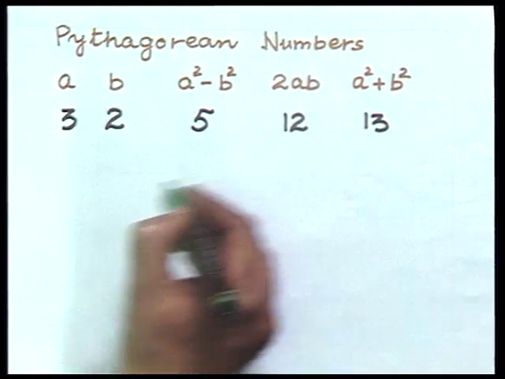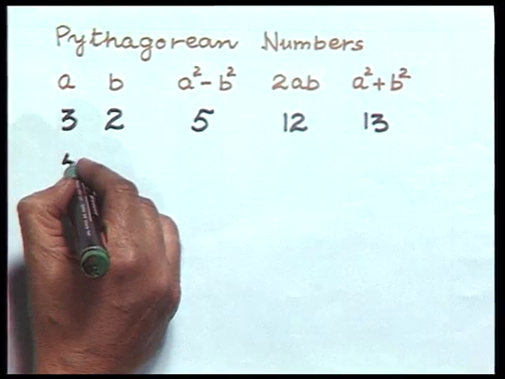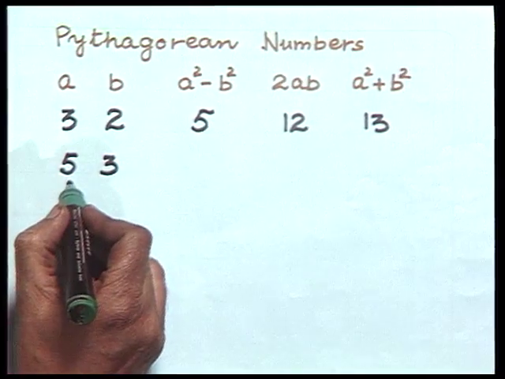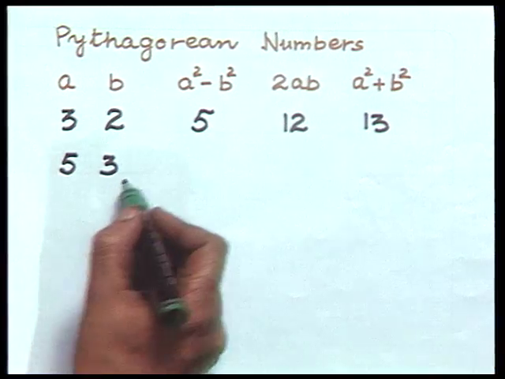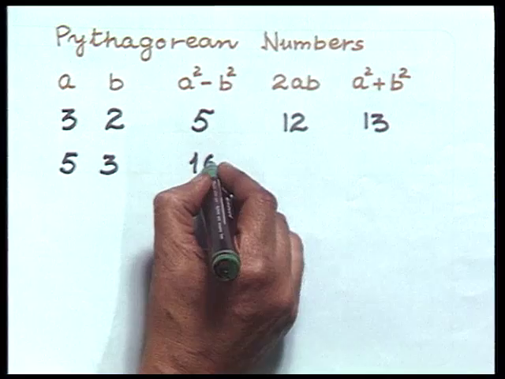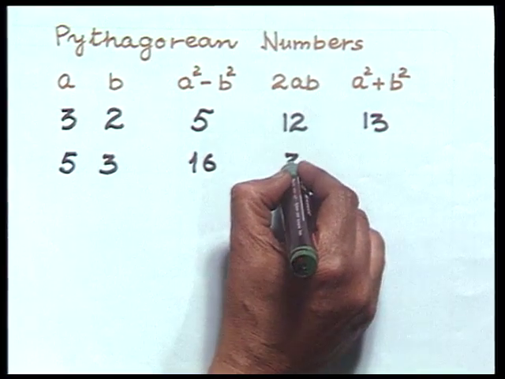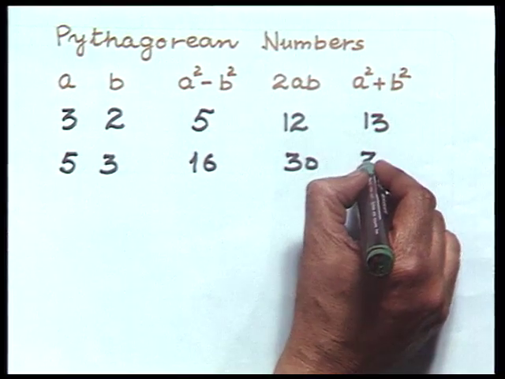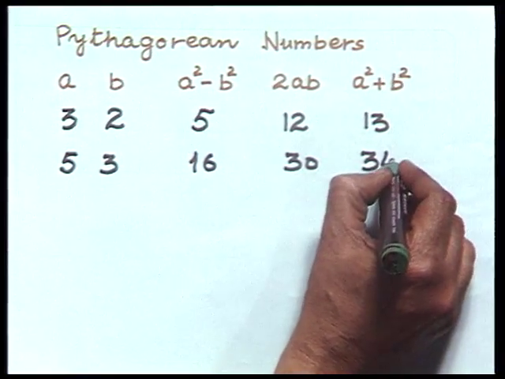13. Taking a as 5 and b as 3, obviously you can see that 5 is greater than 3, a squared minus b squared works out to be 16, 2ab is 30, and a squared plus b squared is 34.